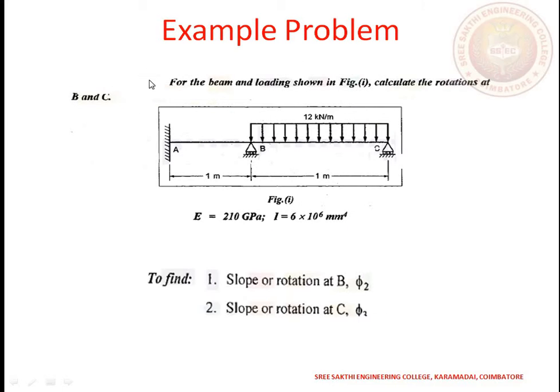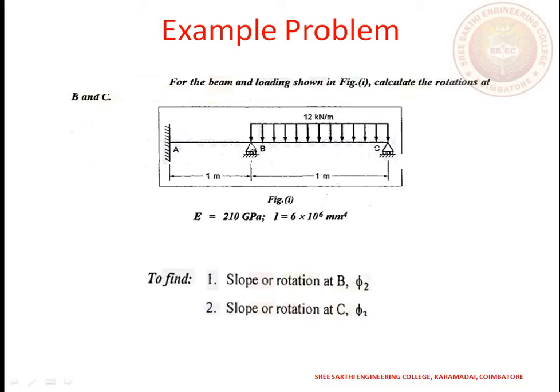So this is a problem. For example, the beam loading is shown in the figure. Calculate the rotation at B and C. Rotation is nothing but slope, denoted by phi. You can see this is a fixed beam, sorry, it is a cantilever. Point A is fixed, then point B is simply supported.